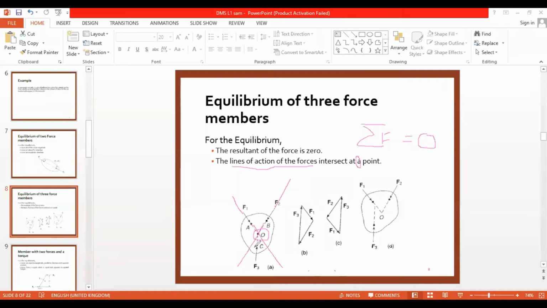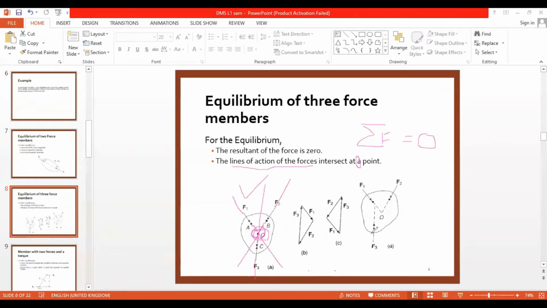Similarly, if F3 is acting at this point, we can extend it this way or that way. Once you extend, you will find that these three forces are meeting at a particular point. In such a case, the object will be in equilibrium.